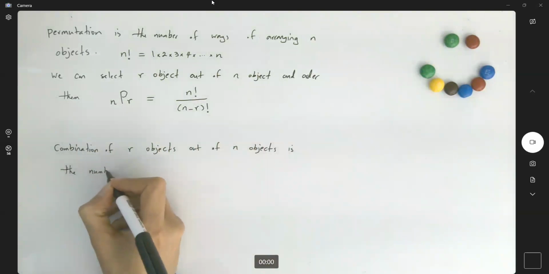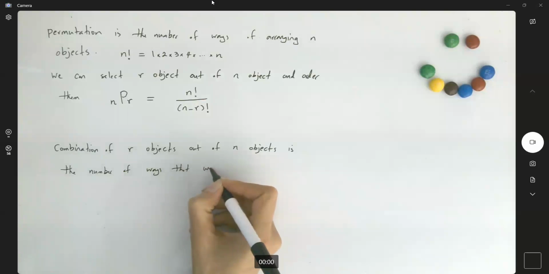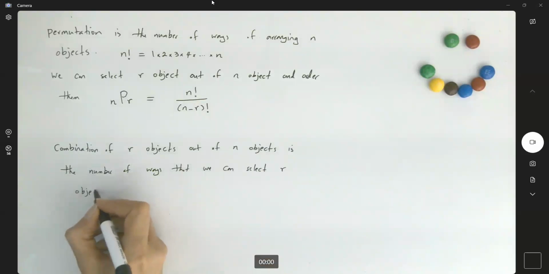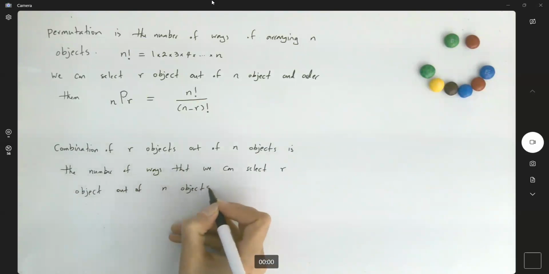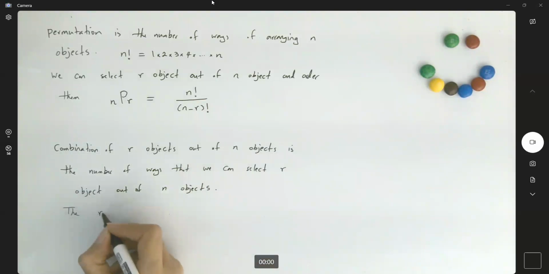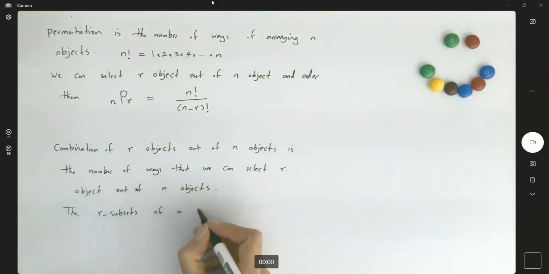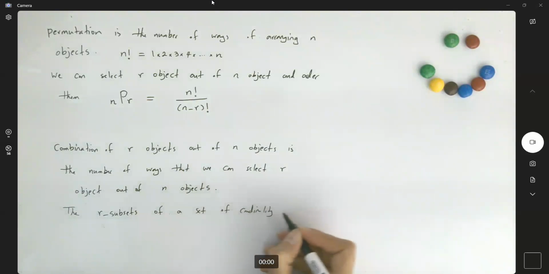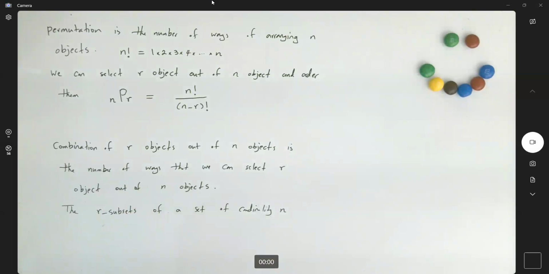It is the number of ways that we can select our objects out of n objects. Well, in another language, the subsets of a set of cardinality n is combination of R objects out of n objects.